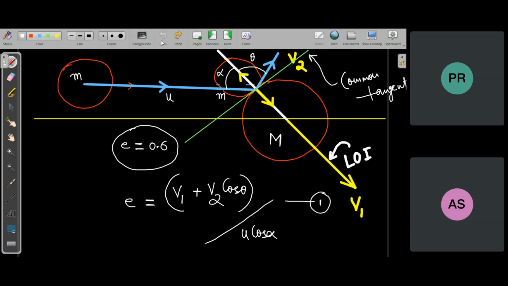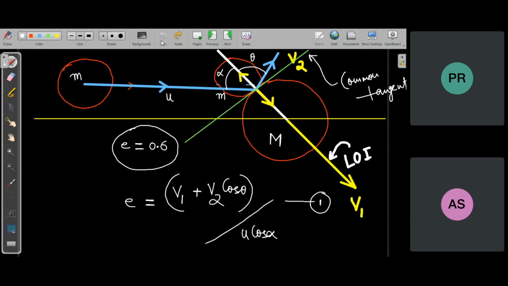Yes. Now you have this equation, that equation, and you can conserve the whole system momentum also, and that will be conserved in any direction, along the line of impact, along the common tangent, along any direction you choose wisely. So that also you can write.